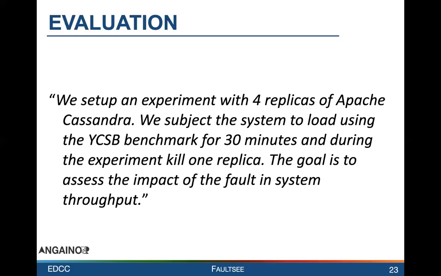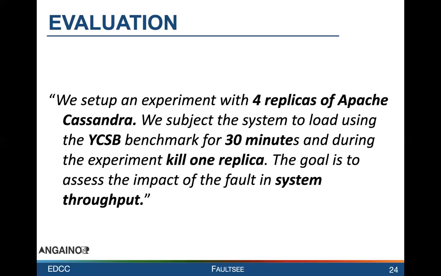And now our goal is to go over the reasoning that we use to convert this into a real experimental plan. The key information here is that we have 4 replicas, and that our benchmark is YCSB. We kill 1 replica. We don't say when, however, and we also say that our main objective is to measure system throughput.